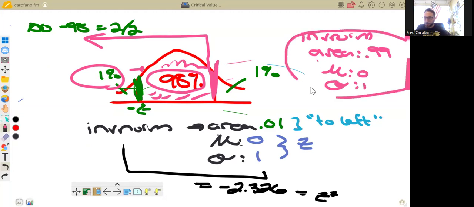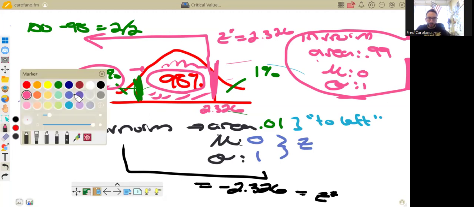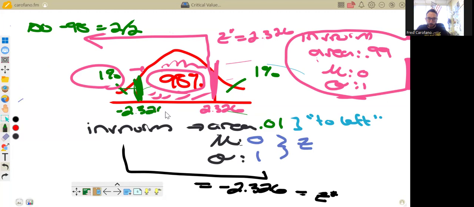And if I type this pink inverse norm option into my calculator, that's just going to give me our positive z-star, our positive 2.326. And so what this green and pink work is showing me is that 98% of our data values or our sample statistics would be between a z-score of positive 2.326 and a z-score of negative 2.326.